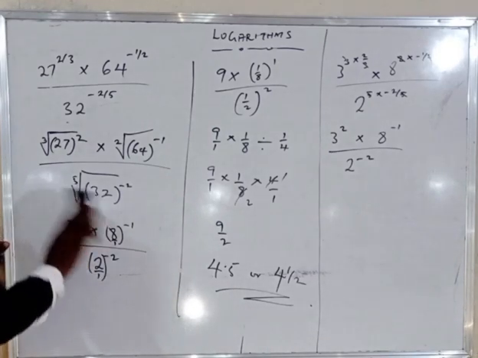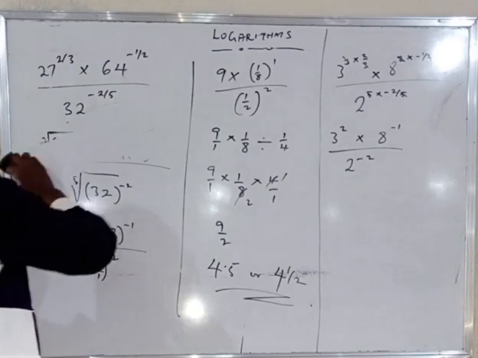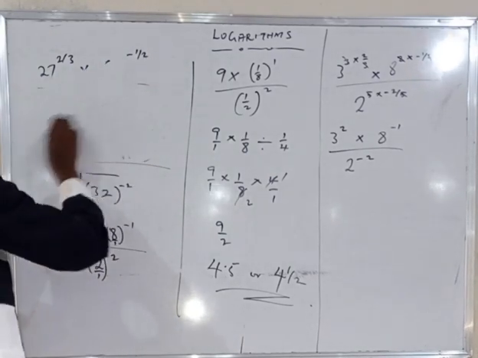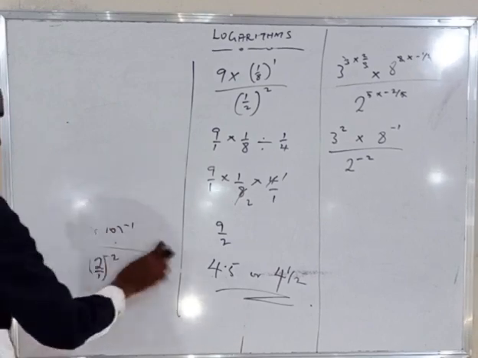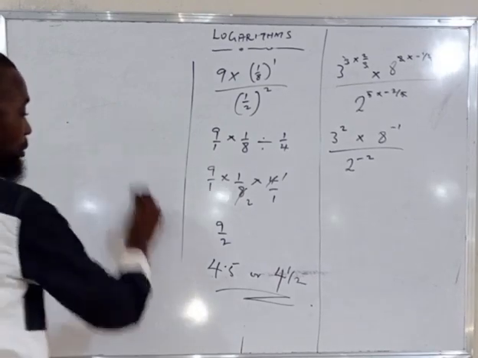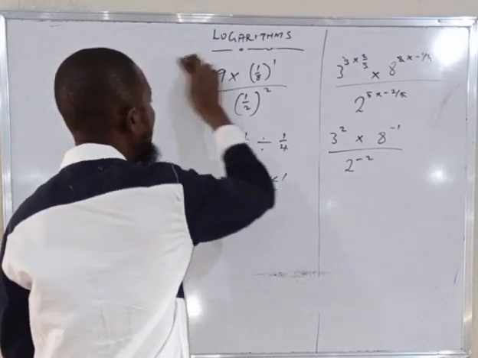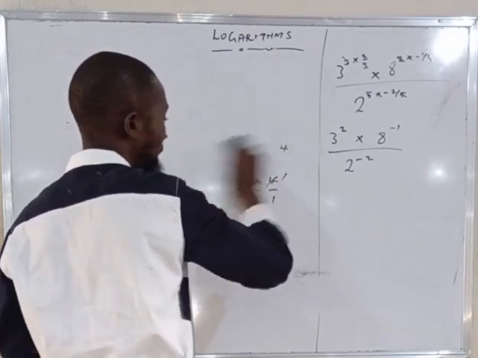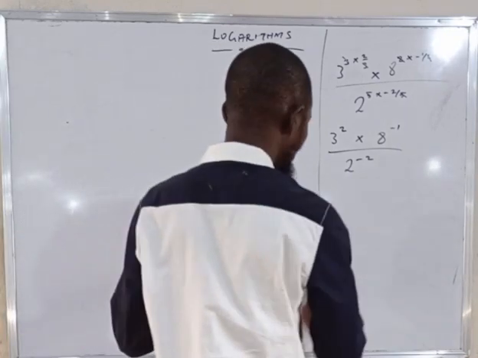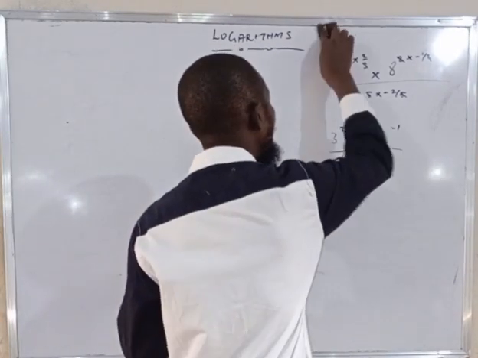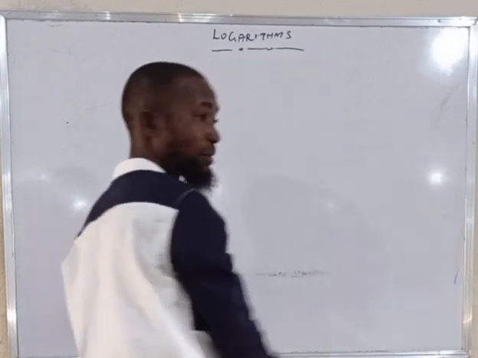Hope nobody is having issue with this. All right. Now, you are not having much issue with logarithm. Only to remind you of what is a logarithm. This is not your first time of doing logarithm. And I also have to tell you that logarithm is divided into 3 parts. First one is logarithm of numbers greater than 1.